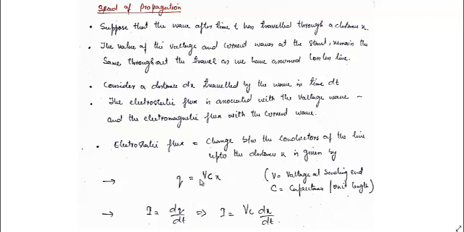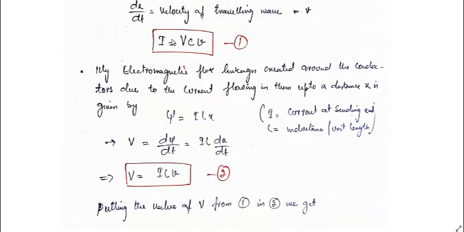So charge will be equal to CVx. So current I will be the differentiation of Q with respect to t, that is dQ by dt, equal to V into C into dx by dt. dx by dt is the velocity of the traveling wave, which is denoted by v. So I is equal to V C v.